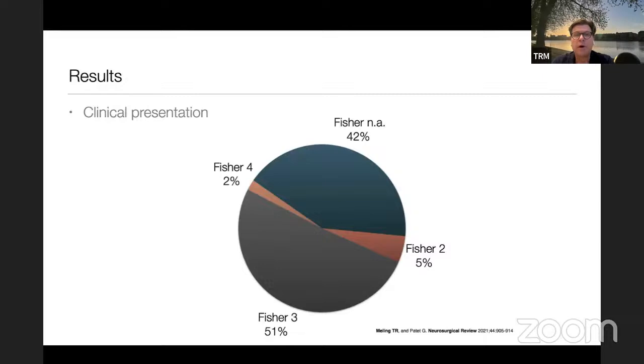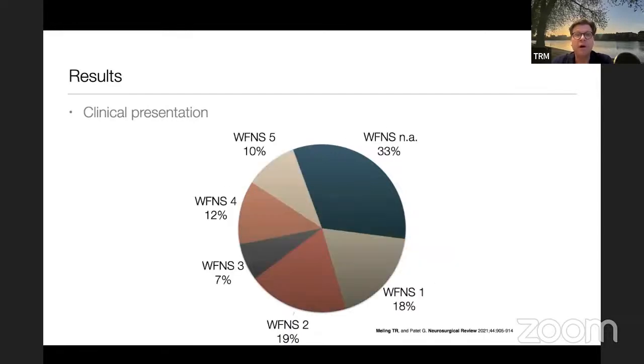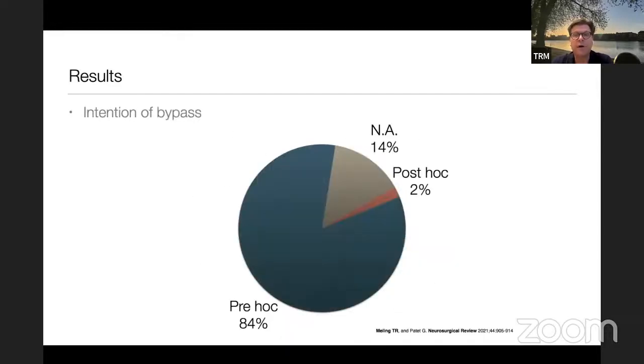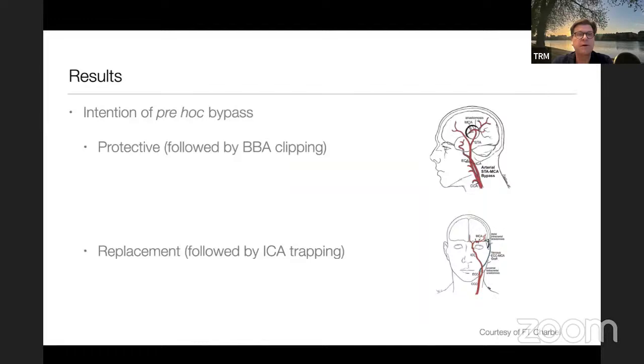Median clinical presentation was as any PCOM aneurysm, quite poorly. Of course, the intentional bypass was pre-hoc, so planned in the majority of cases, and information not available in the majority of the rest. We can divide into protective or replacement.